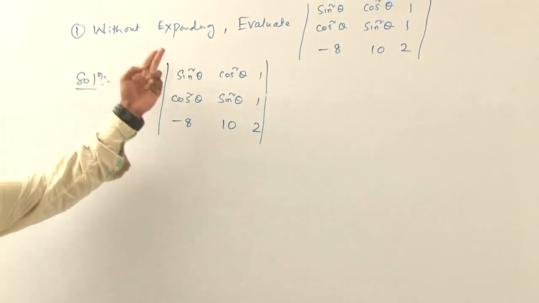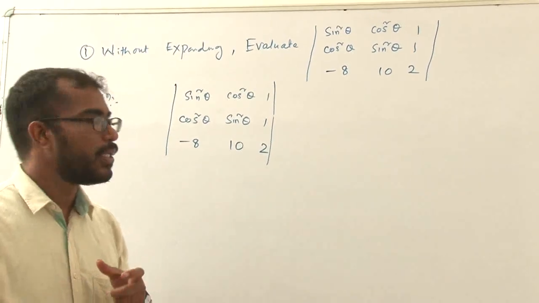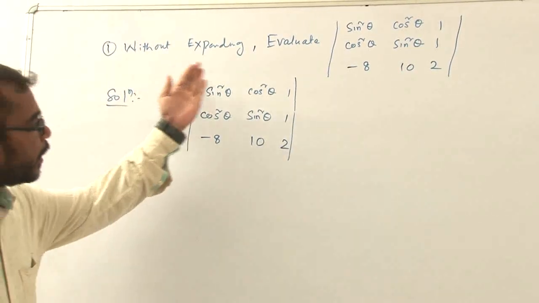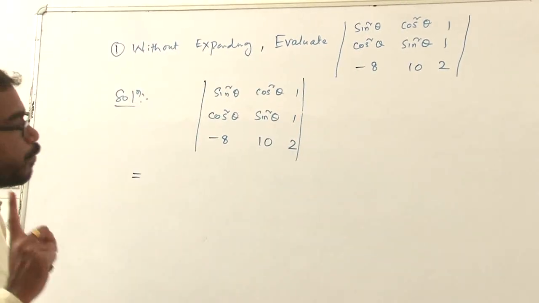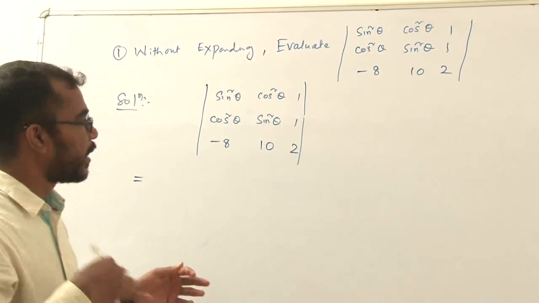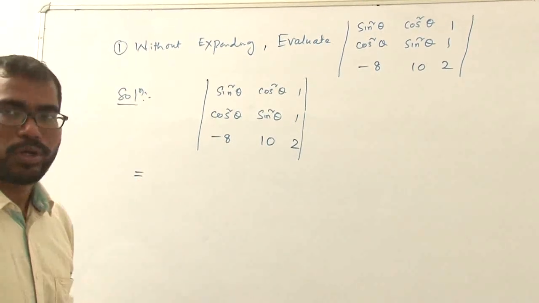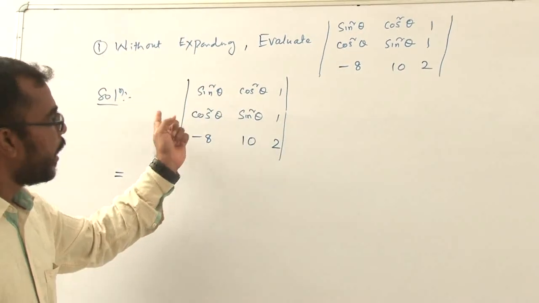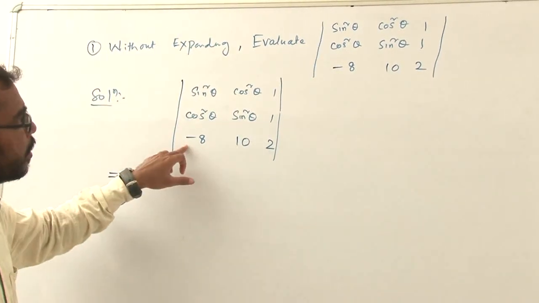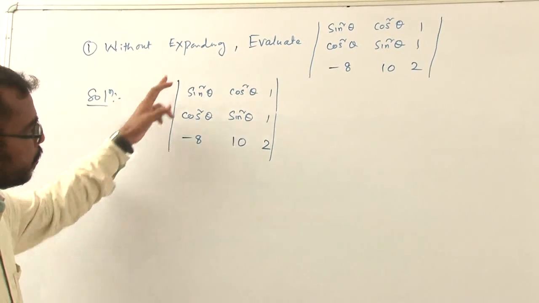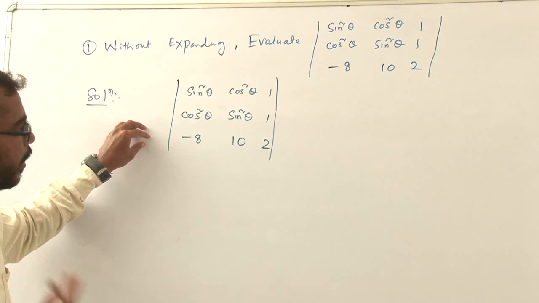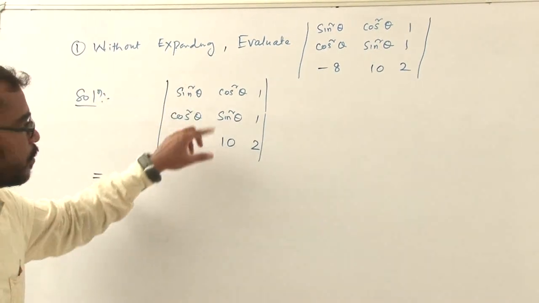As without expanding means we have to apply properties of determinants, first we have to check whether we can take commons from any rows or columns. Here there are no commons; we have no constant to take common in this determinant.